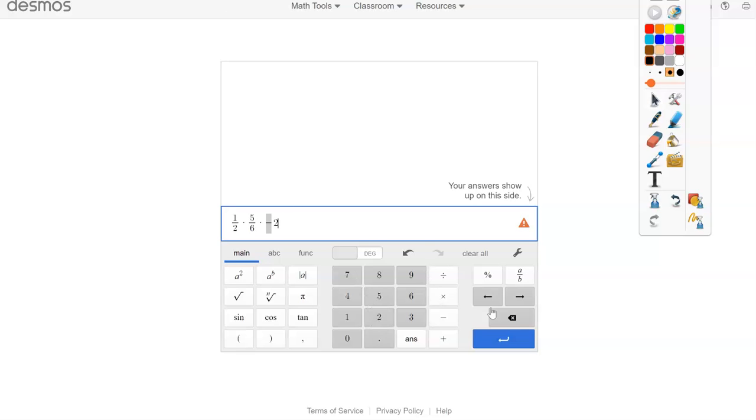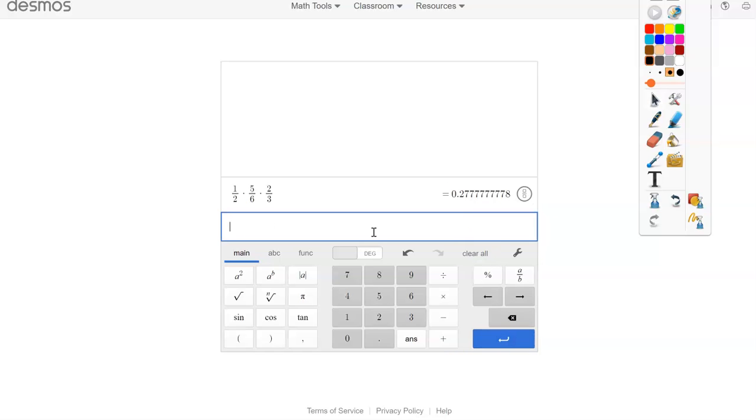2, whoops, back up, click the top of the fraction, click the bottom of the fraction, and when I press enter, you'll notice I get, or don't press enter, I'll get this decimal here. If you have to give your answer in fraction form, simply click this button right here, and it will convert it for you. 5/18.